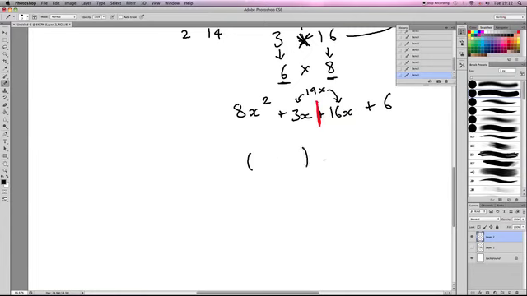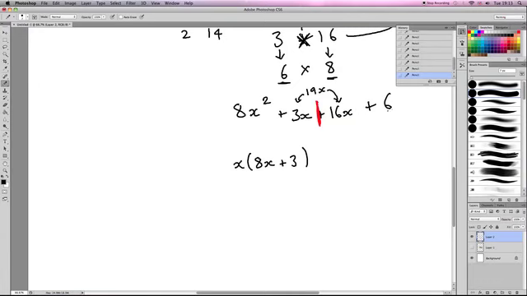So what I want is the same bracket on both sides once I've taken factors out. Just looking at this, I've got an 8 there and a 3 there. It doesn't look like I can take many real factors out. I think I'm just going to be left with 8x plus 3, and I've taken a factor of x out there. On this side, I can take a factor of 2 out from both of them.